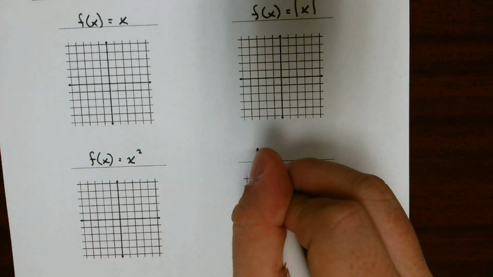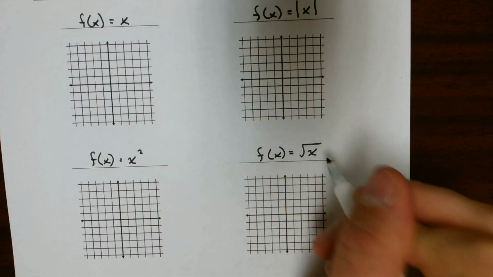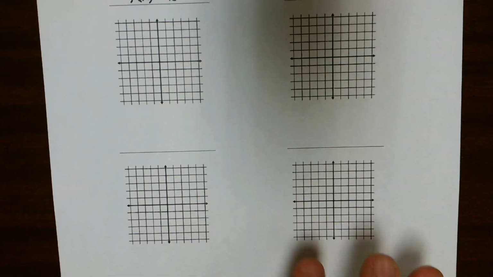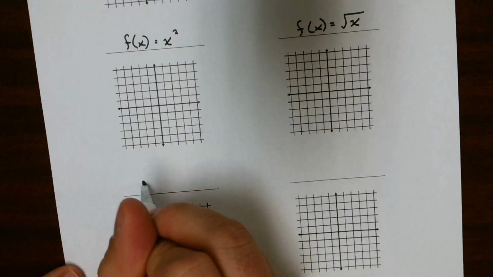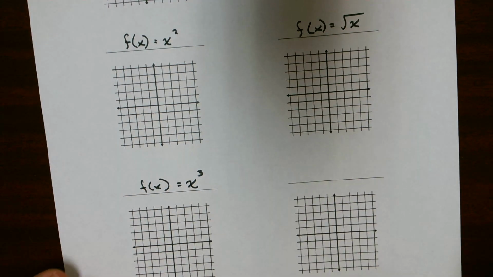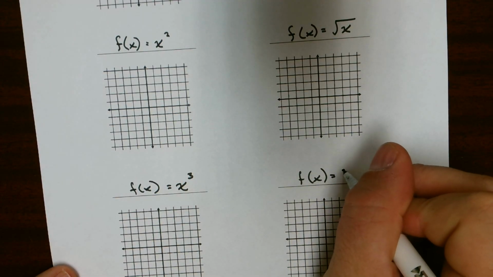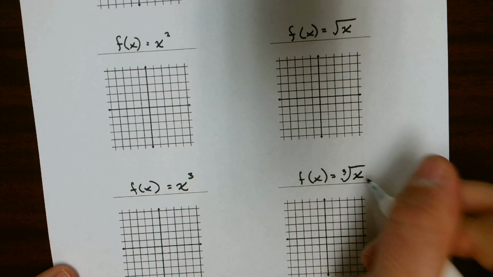And then we are going to graph f of x is equal to the square root of x. And then the last two, we're going to graph f of x is equal to x cubed. And f of x is equal to the cube root of x will be our last graph.